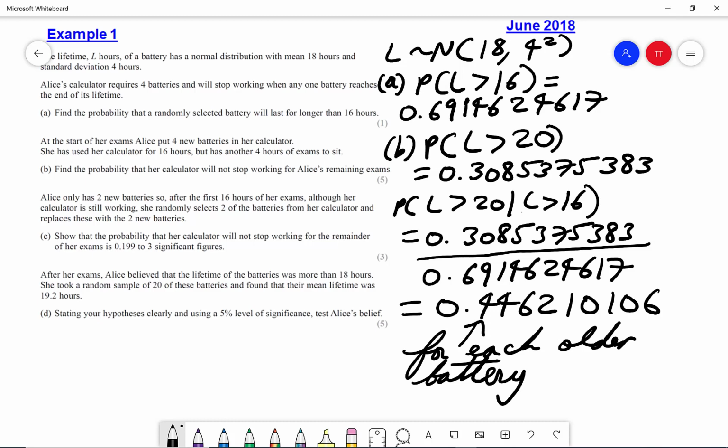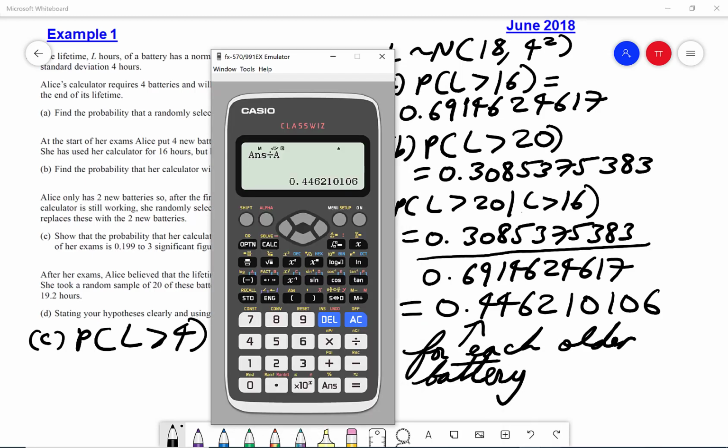Now, we've got the probability that it lasts for 4 more hours, given that she's already sat 16 hours of exams, for the older batteries, which is 0.4462 and so on, but we need to work out what it is for the newer batteries. So what we're going to say, well, that will be the probability that L is greater than 4, and that I can get on my calculator by going to menu 7.